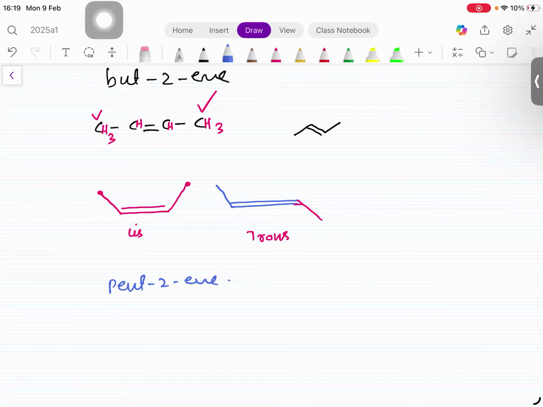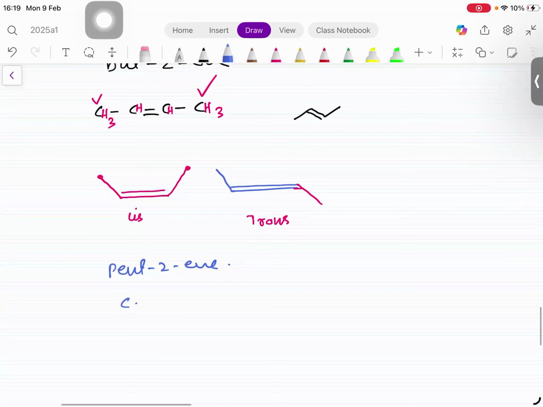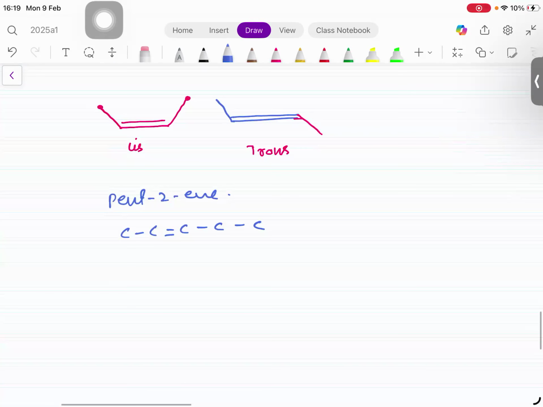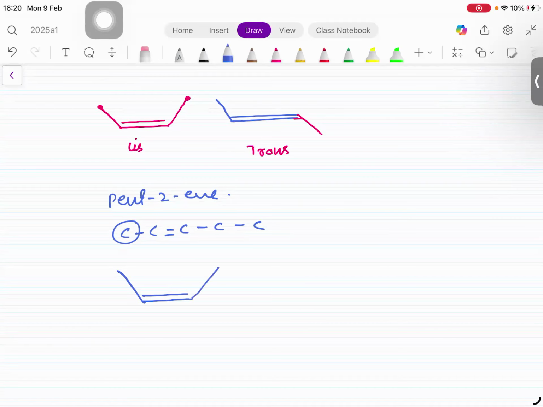Anyone? Yes, done. So pentene is like this. If I draw the skeletal and double bond here, how many carbons are on the left side of the double bond? One. And what about here?